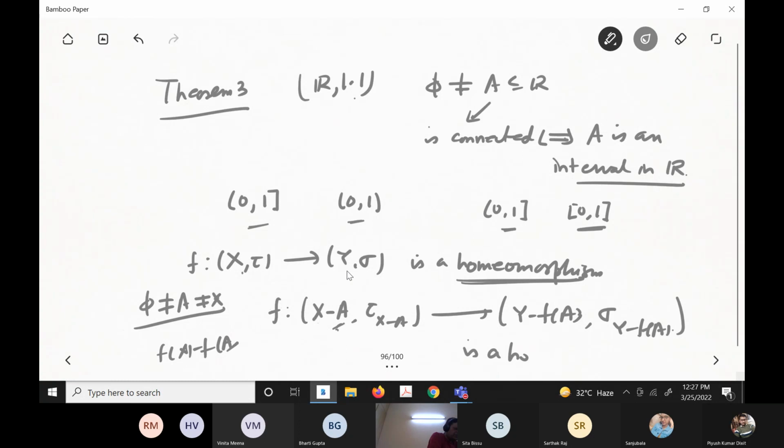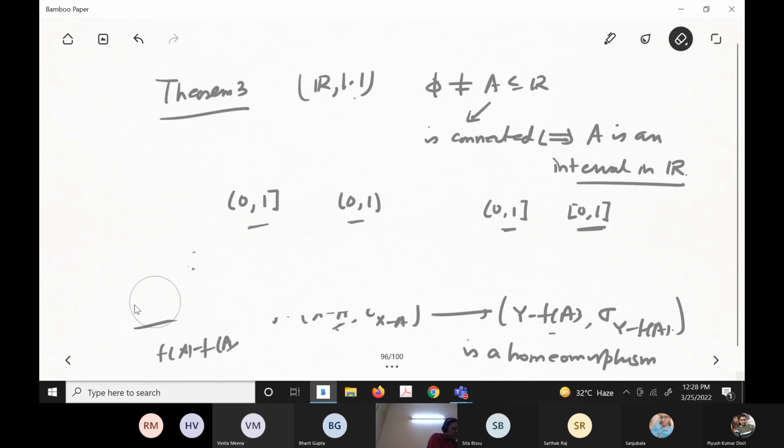Look, f inverse from here to here is continuous, so f inverse restricted will be continuous. So it is a homeomorphism. Okay, this is a homeomorphism. Now you see why these two cannot be connected.